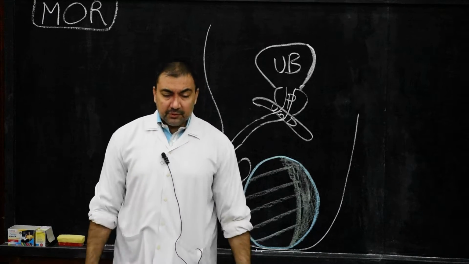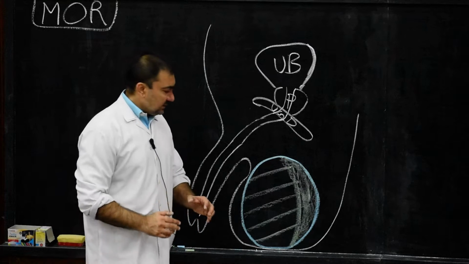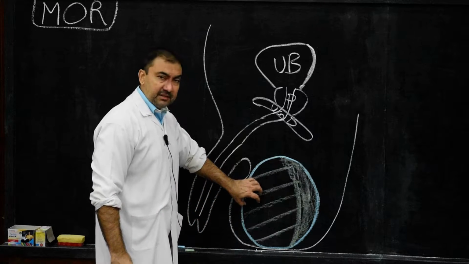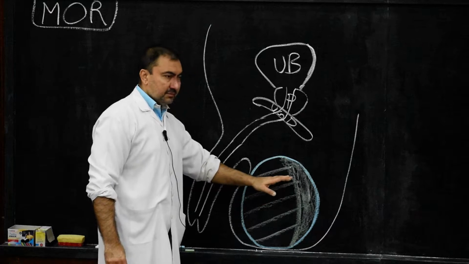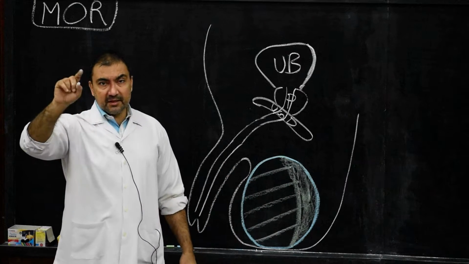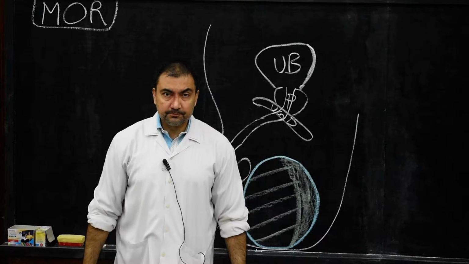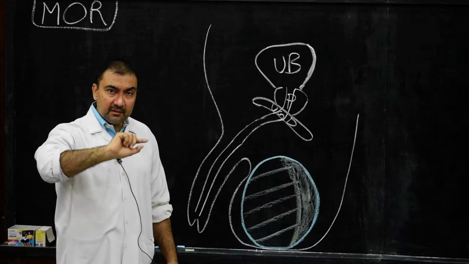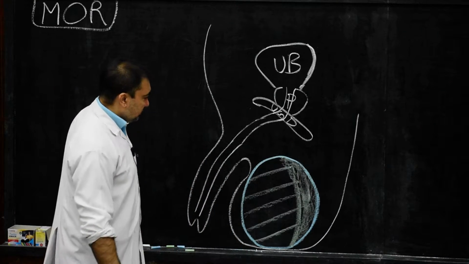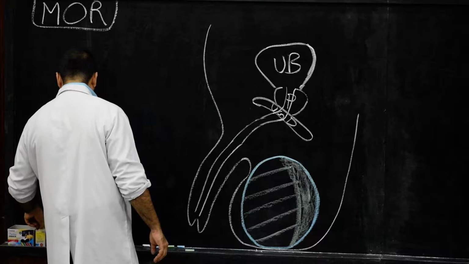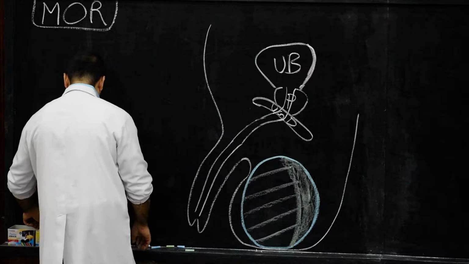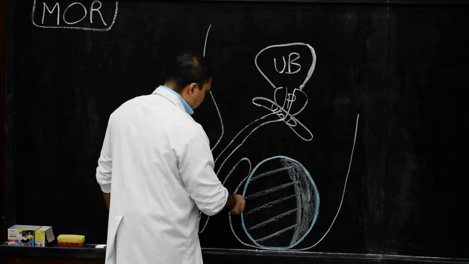These seminiferous tubules are placed in such a way that they are coiled anteriorly and posteriorly towards the mediastinum, they will be represented in a straight manner, straight tubule. So therefore, coiled anteriorly and straight posteriorly, each of the seminiferous tubules. So here, if we show the seminiferous tubules, I will show with the pink color.